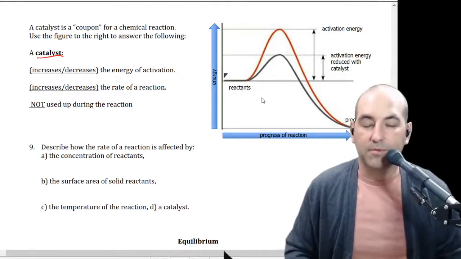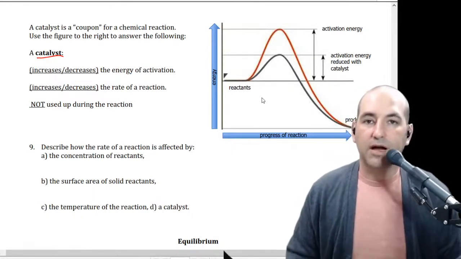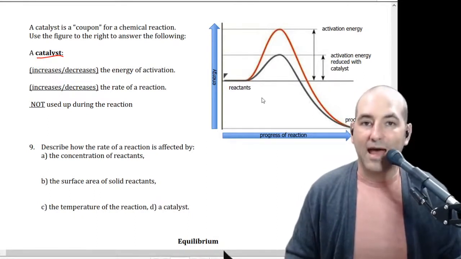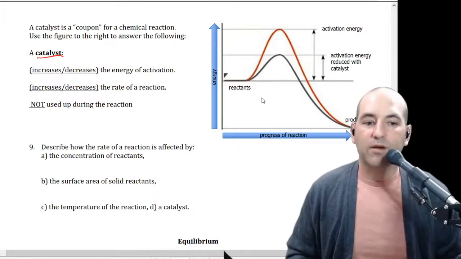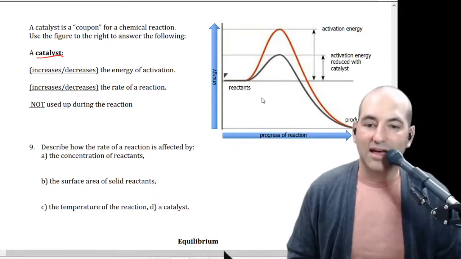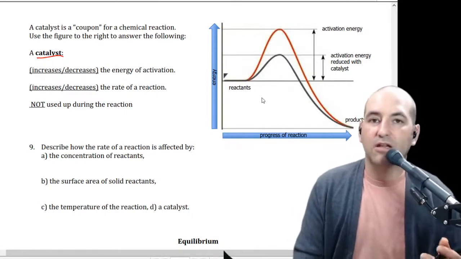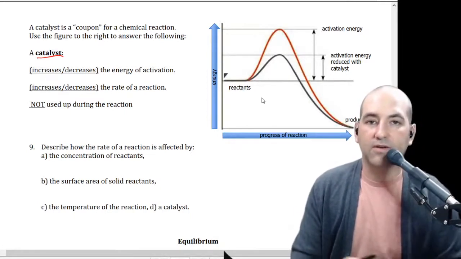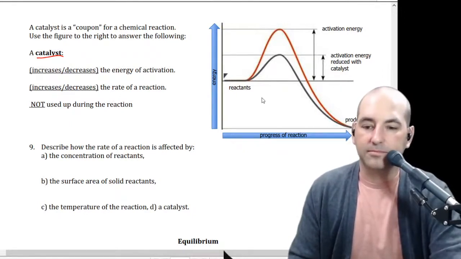So, for example, many biological processes would not happen spontaneously or would require a huge amount of energy. You'd have to be burning up inside your body to actually get that process to work. But instead, we have these things called enzymes, which act as catalysts to do those processes with a lower energy of activation. So they become faster then.